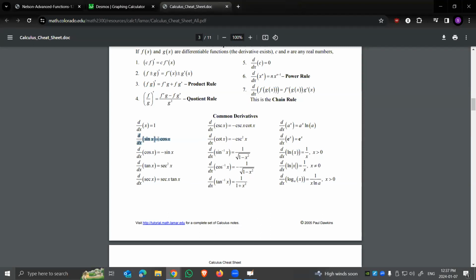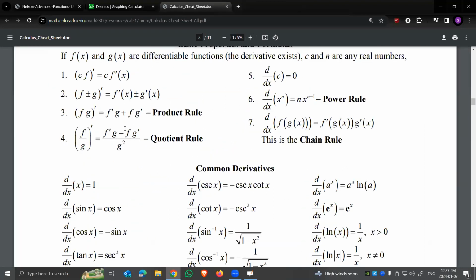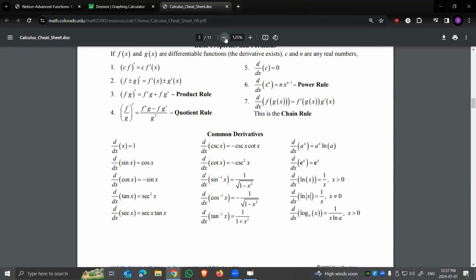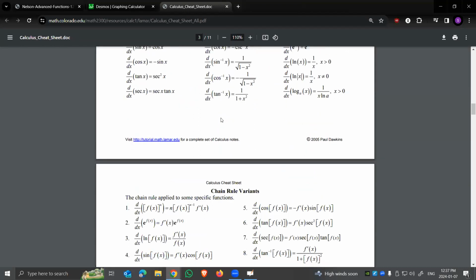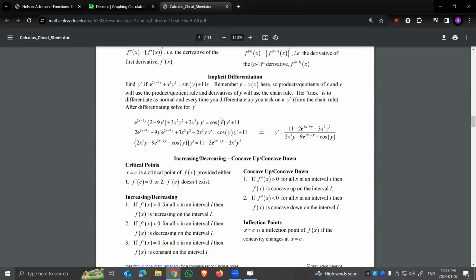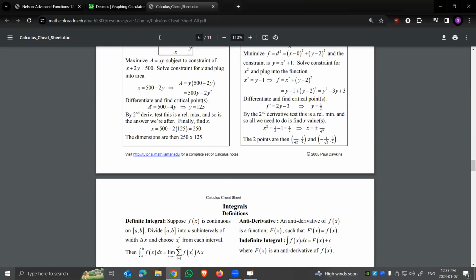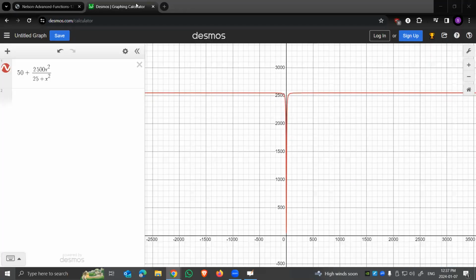You see this? This is what we just did. And the product and quotient rule is what we did last time. It's the exact same thing if you have a rational function. As long as you have a cheat sheet, you are good to go. It gets a little more complicated later down the road, but if you understand what we just did, it's basically that.